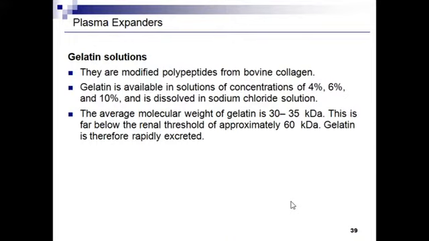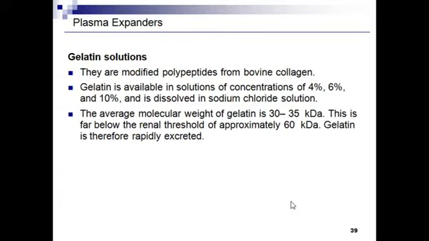And the last chemical substance is gelatin. We can use gelatin, modified polypeptides from bovine collagen. Gelatin is available in solutions of concentration 4, 6, and 10%, dissolved in isotonic sodium chloride.